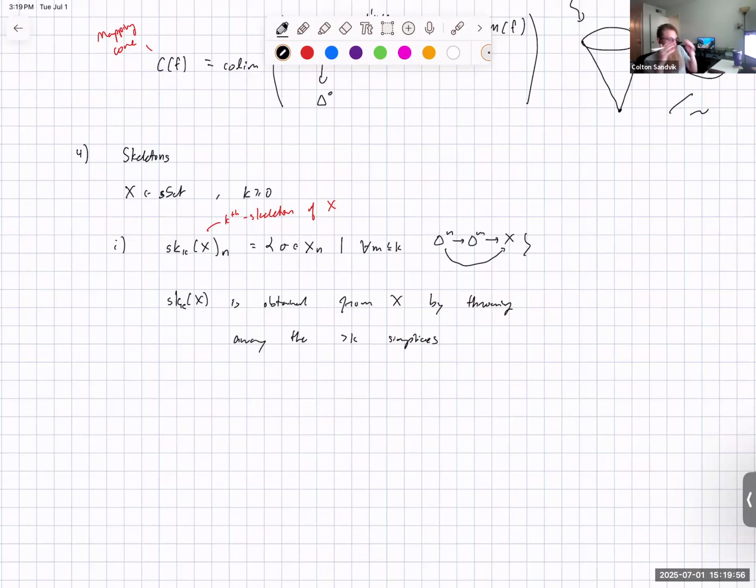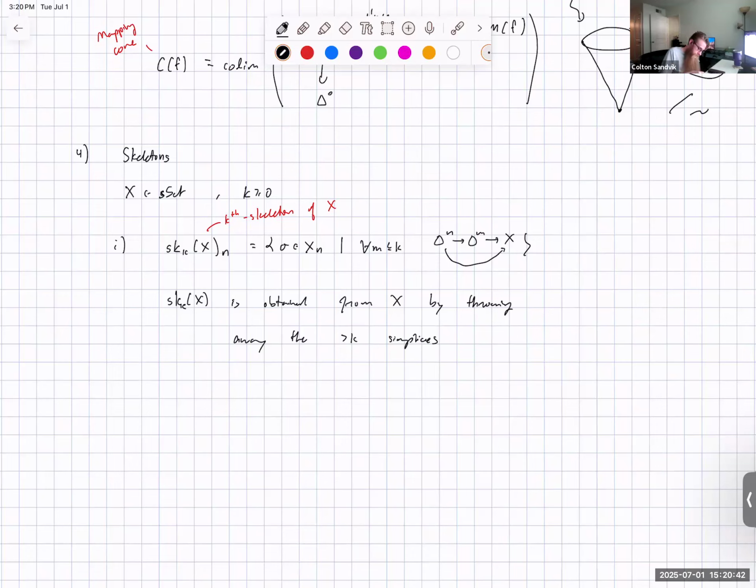One has to be careful about this because when you talk about simplicial complexes, there's only finitely many simplices, and you stop, and it's like, okay, we're done. When you're talking about simplicial sets, you usually have many, many, many degenerate higher simplices, and so this thing still has higher simplices. It just doesn't have non-degenerate ones, and so there's some care you need to take. What this condition is doing is saying we're only taking the simplices which are non-degenerate when n is less than or equal to k.